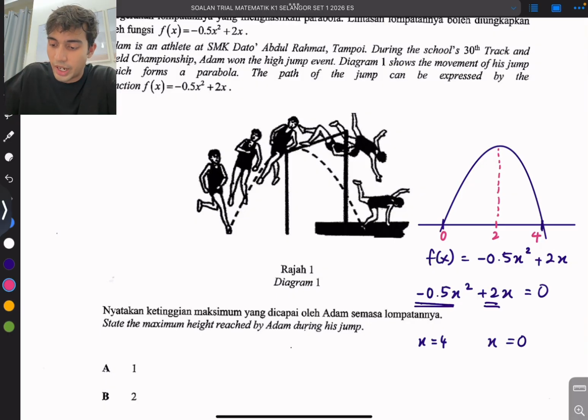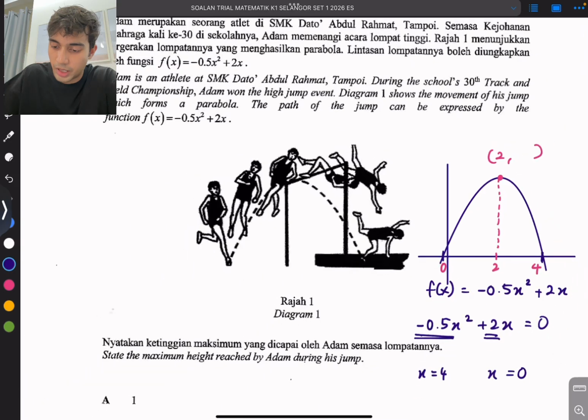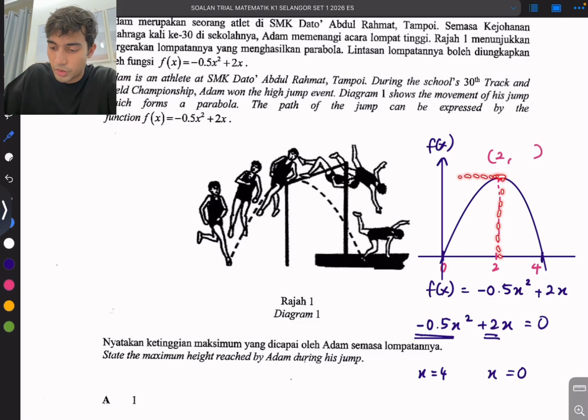So now that we know the x value, we can find the y value. Okay, the y value will represent our maximum height. Okay, this one is our y-axis. We can call it f(x) as well. So when x is 2, he reaches his maximum height. So if you want to find the y value or the f(x) value, you substitute the x into your equation.